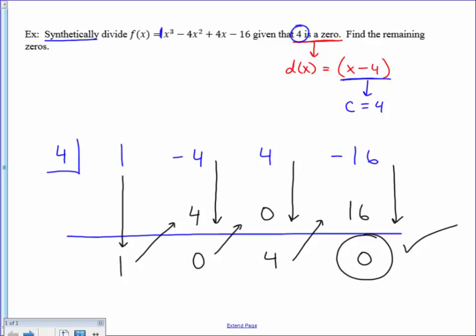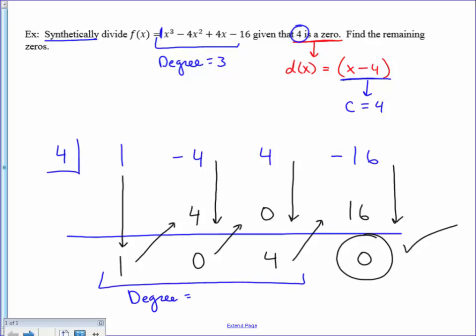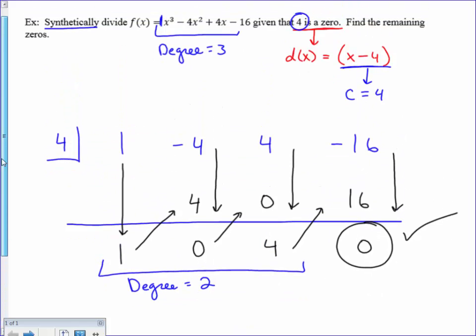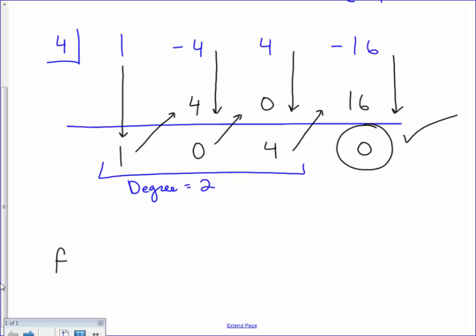Now notice that the degree of this polynomial was 3. That means that the degree of my answer had better be 2. Okay, so writing my answer down, in this case I would write f of x because that was my original function, equals, what was my divisor?